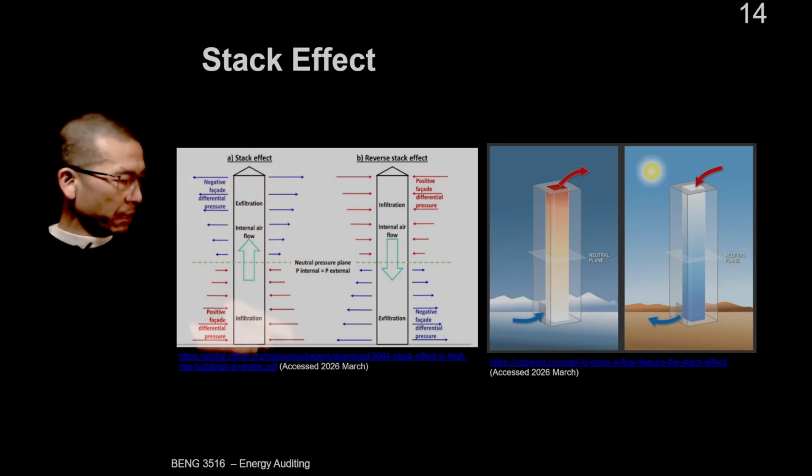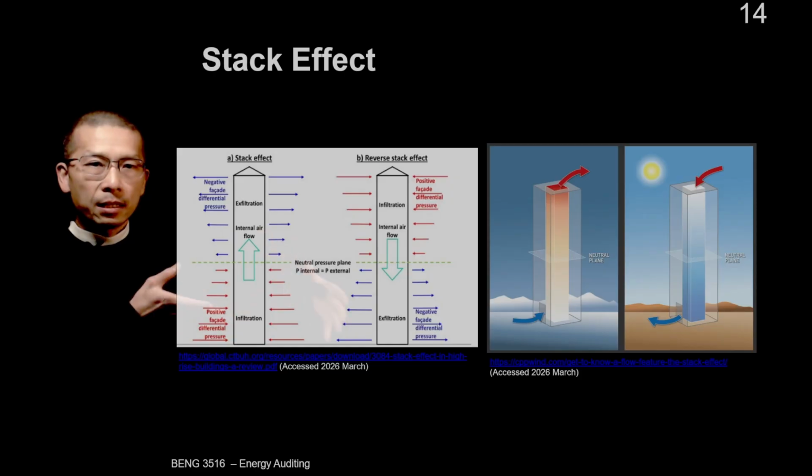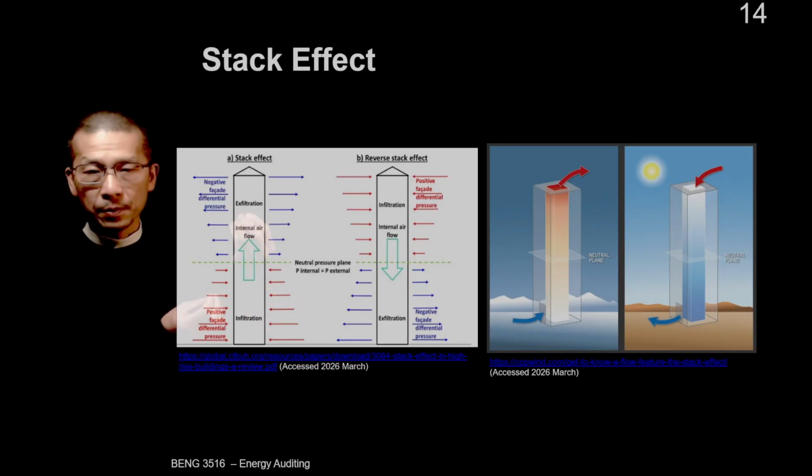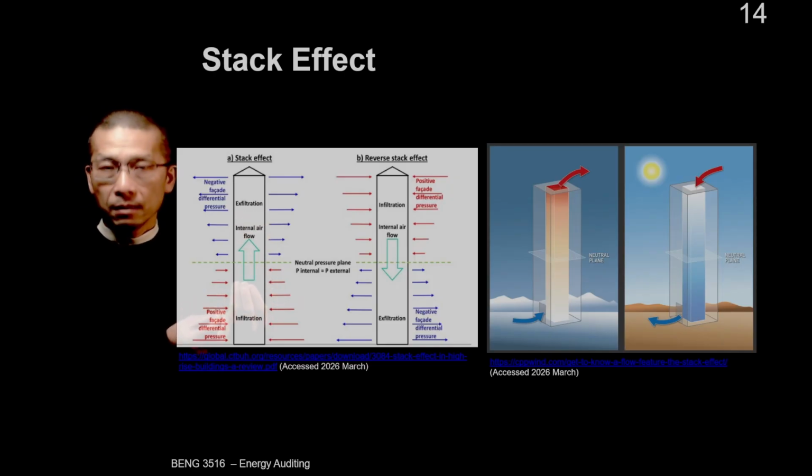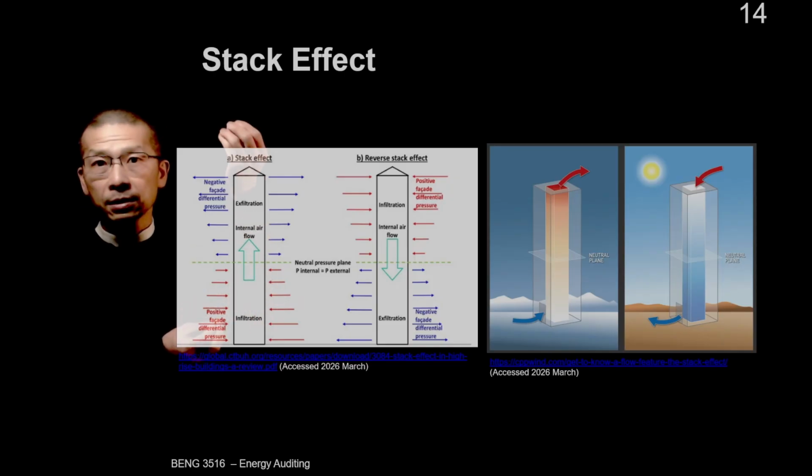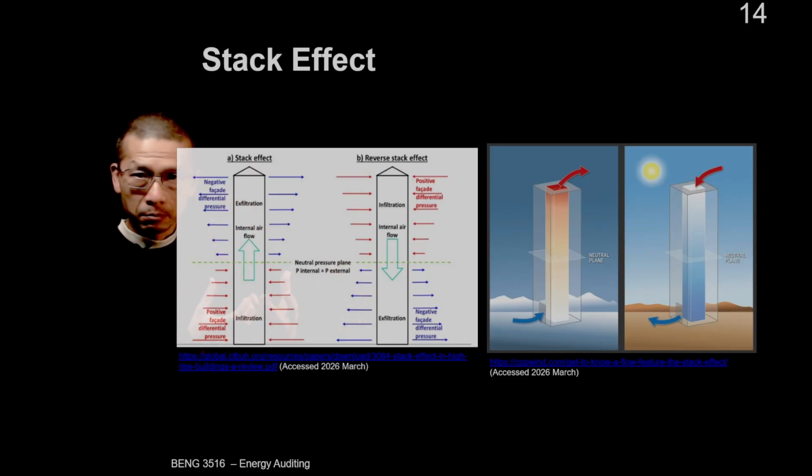Below that plane, during the winter, because we use heating inside the building, heat tends to rise upward, and that creates suction at the bottom and air being pushed out at the top. So the largest pressure would be at the first floor.